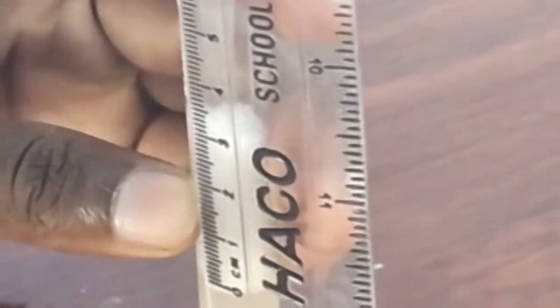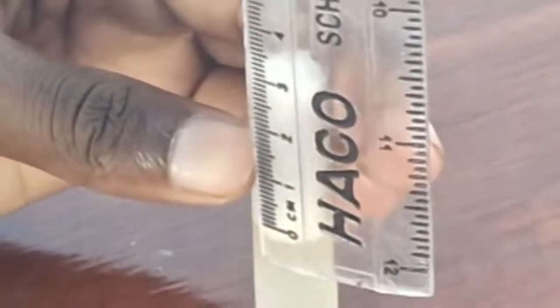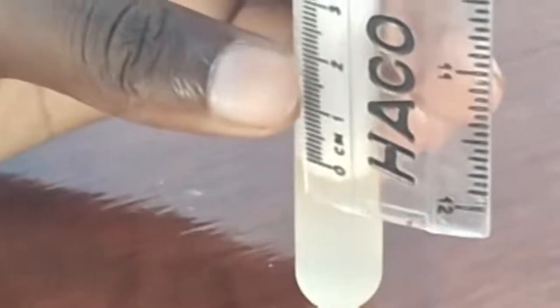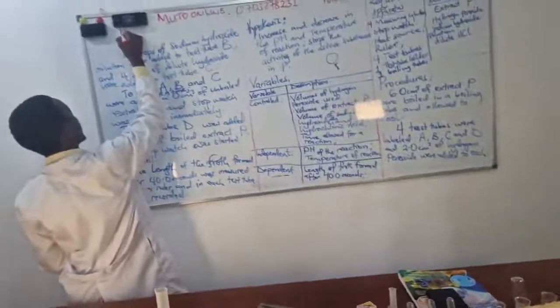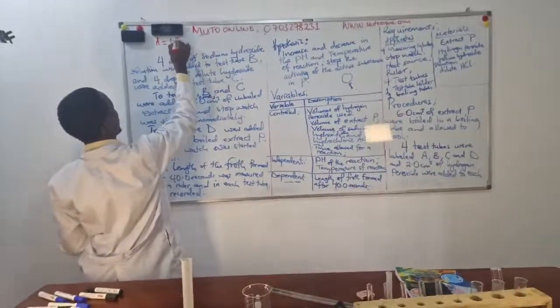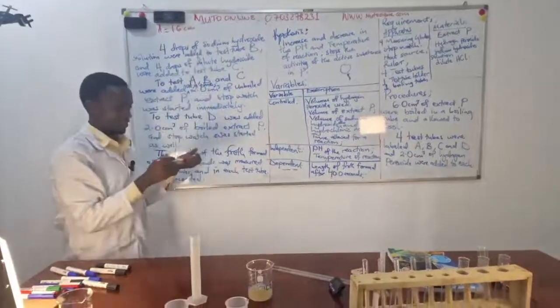So the length of the froth at the end is 1.6. So I'll prepare my table of results. In test tube A, the length of the froth is 1.6 centimeters.